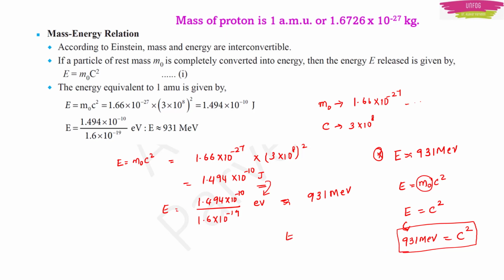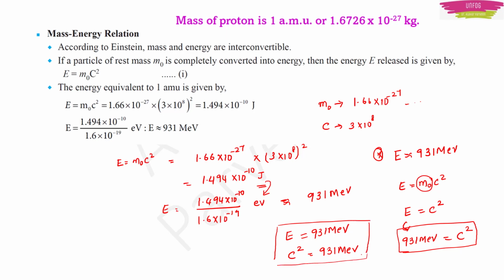Not only E, but even in many situations where you want to neglect the mass, where it is very, very small, you can use the value of c square synonymously as 931 MeV. This will give you a shortcut method while solving problems.